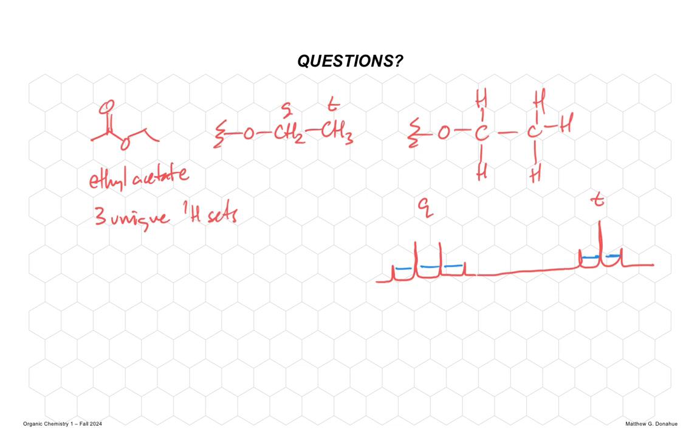So that's why it's called a coupling constant, because those two signals communicate to each other. So blue line, all you're doing really is taking the parts per million here, the parts per million there, and you subtract those numbers. Then multiply it by the operating frequency and you get hertz.